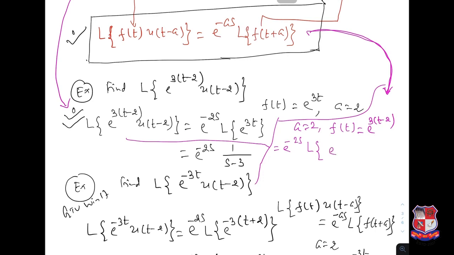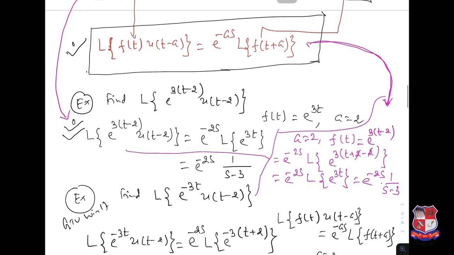So e power 3 t plus a, it means t plus 2 minus 2. So it is e power minus 2s Laplace transformation of e power 3t, since the 2 cancels, and so this is equal to e power minus 2s 1 upon s minus 3. So better to use the same results, the same format, for every example. Thank you so much.